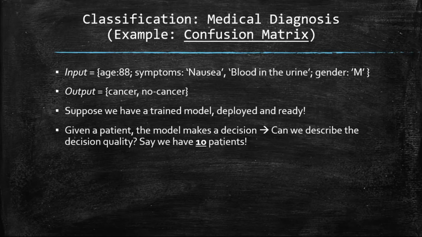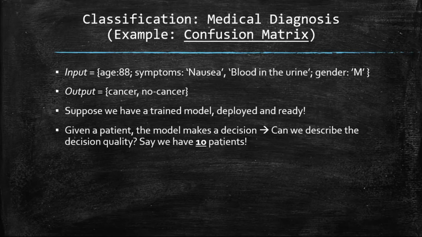The input into this algorithm would be the information related to the patient: their age, for instance, their symptoms, could be nausea, could be pain in the bones, or whatever. There could be blood in the urine, and their gender, whether they're male or not. And the output would be cancer or non-cancer, right?